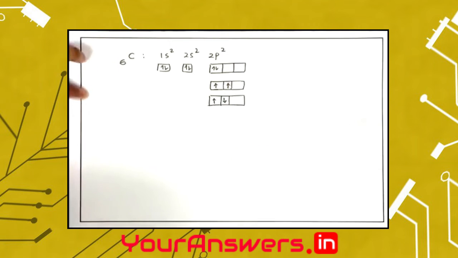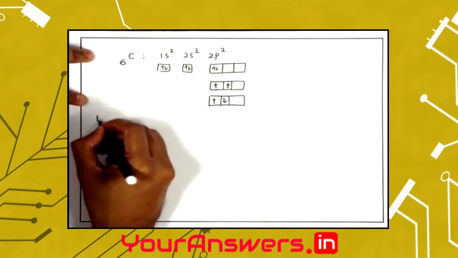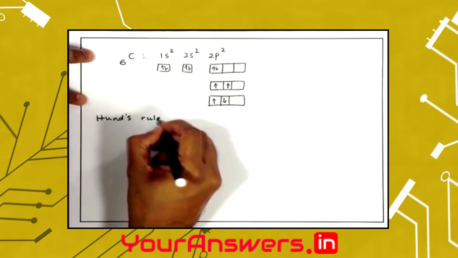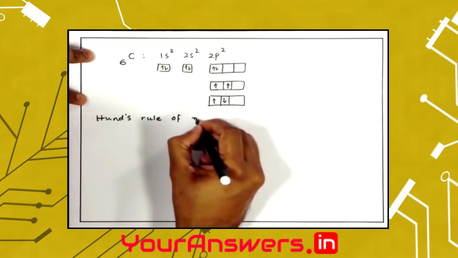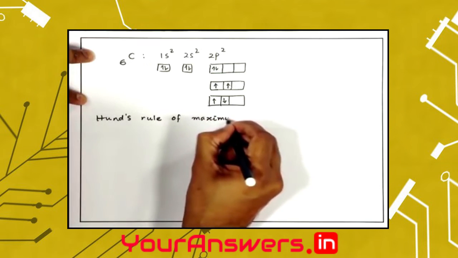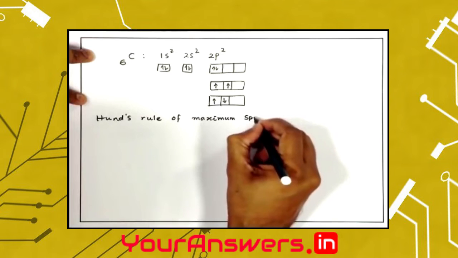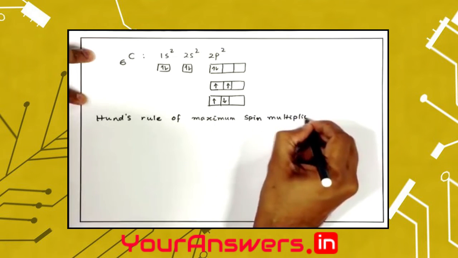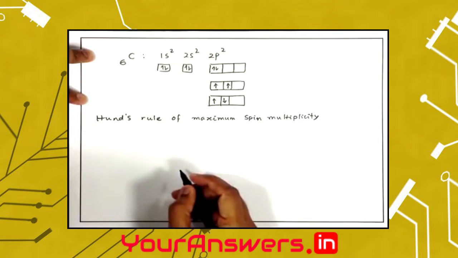The answer to that question comes from Hund's rule of maximum spin multiplicity. What does it tell?